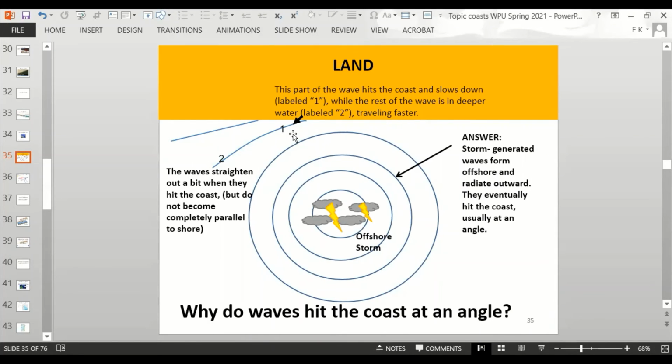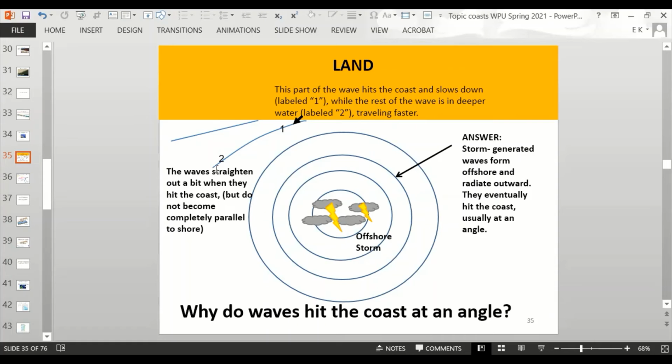So the waves actually do straighten out a little bit though. And that's because this whole line here is part of one wave. So when this part of the wave hits the shoreline, this part of the wave is slowing down. But this part of the wave is still moving in deeper water, so it's still able to move at the original speed. So that's going to keep moving, and this is going to slow down.